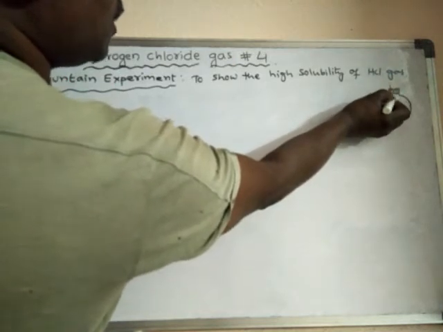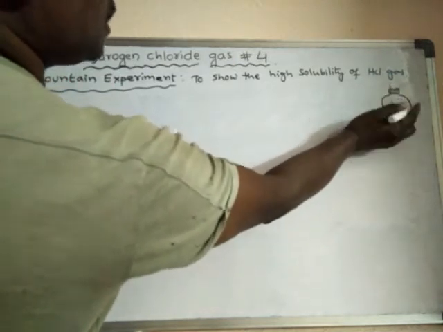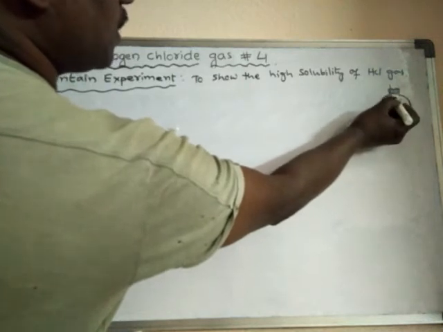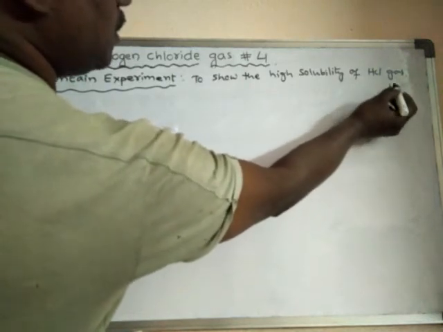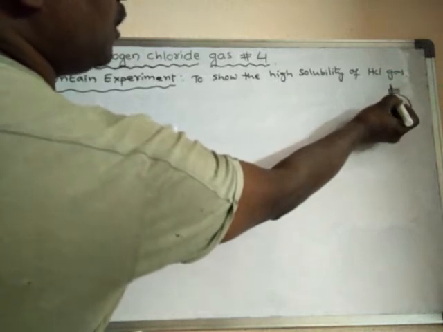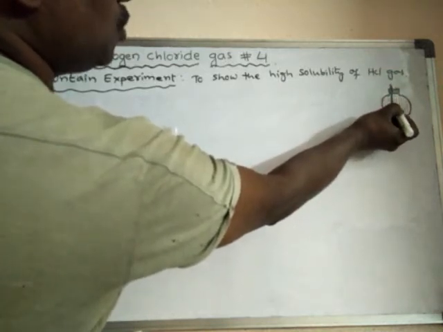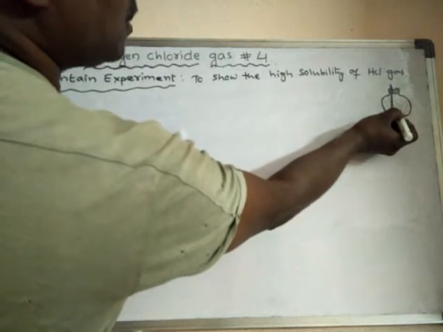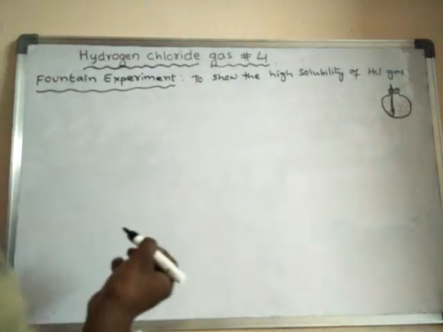Now dry HCl gas is filled in the round bottom flask, and into this flask you introduce a jet pipe. Jet pipe means a very small pipe, whose diameter is very less, around 1 centimeter.